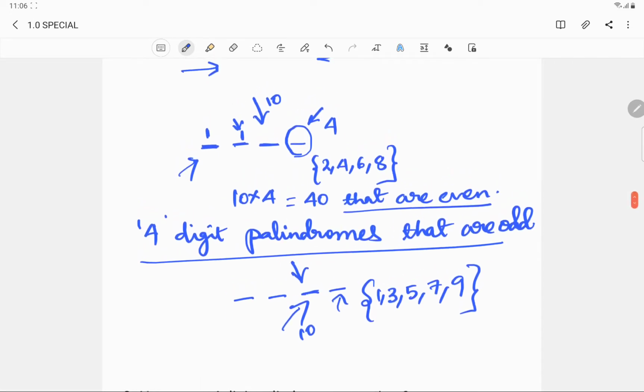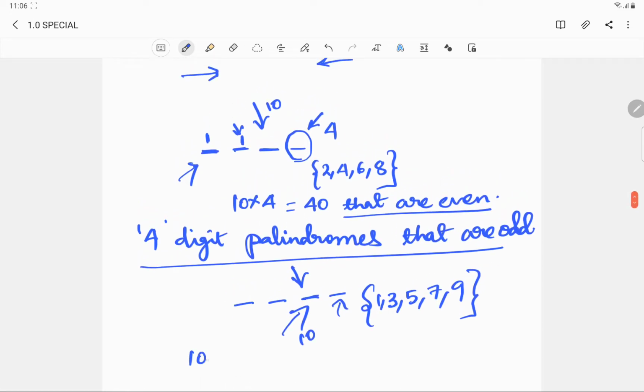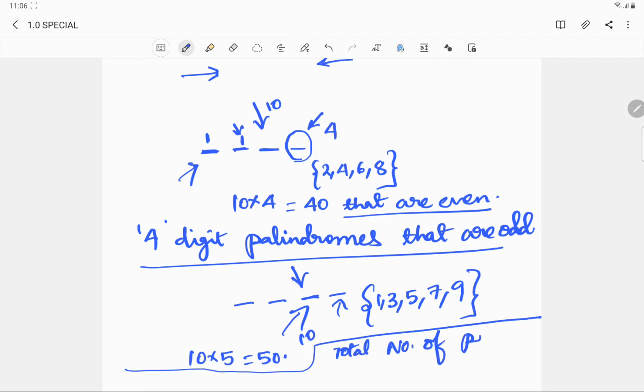So the number of palindromes that are odd is 10 into 5, which is 50. So we can also conclude that the total number of 4-digit palindromes will be 90, out of which 40 are even and 50 are odd.